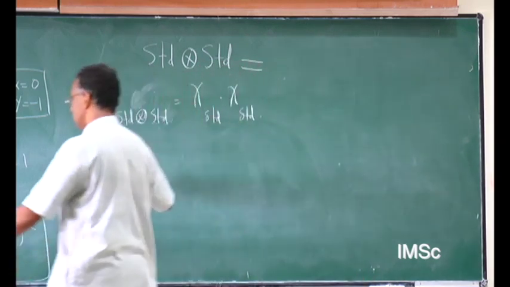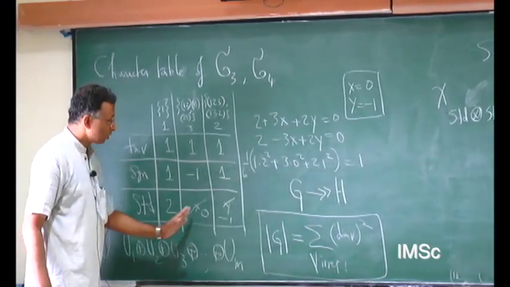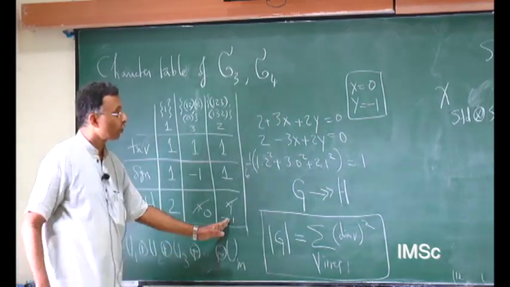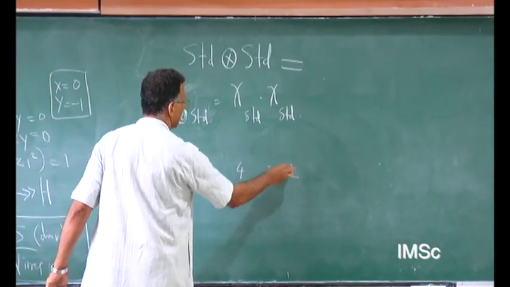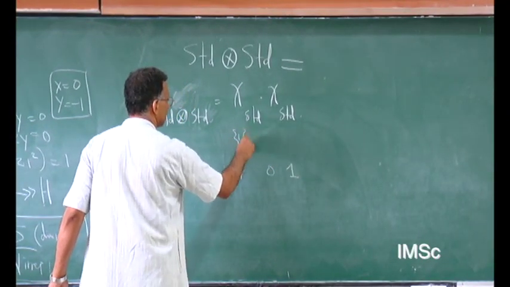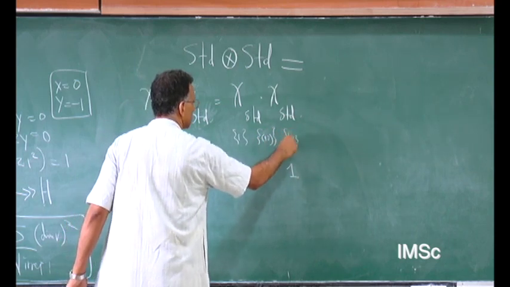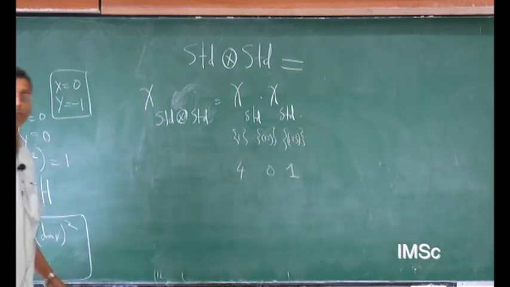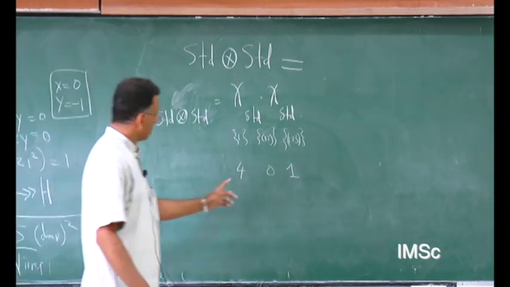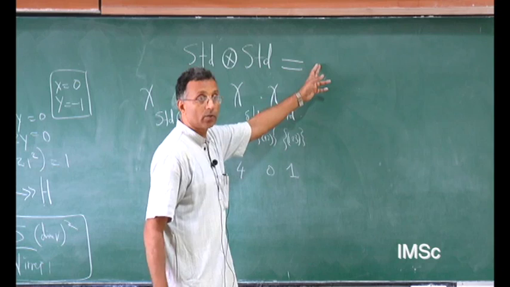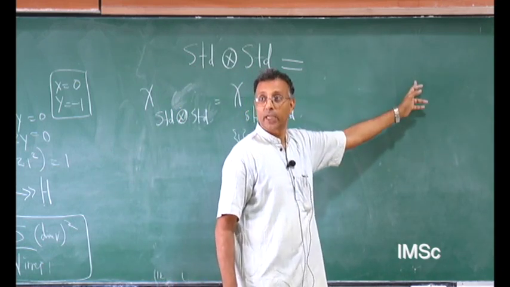So in terms of this picture, what do I see? 4, 0, 1. This is 1, this is 1, 2, this is 1, 2, 3. Now I have to find how many copies of trivial, how many copies of standard, how many copies of sign.